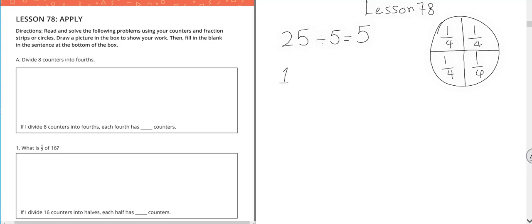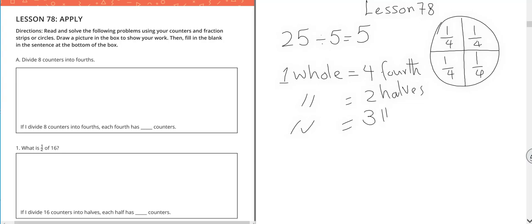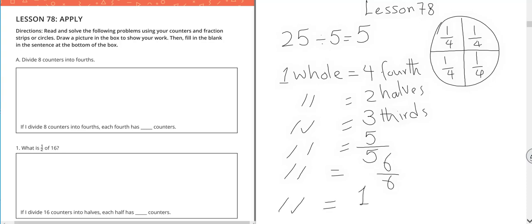We know that 1 whole equals 4 fourths. 1 whole equals 2 halves. 1 whole equals 3 thirds. 1 whole equals 5 fifths, as we said before. 1 whole equals 6 sixths. 1 whole equals 10 tenths, and so on.